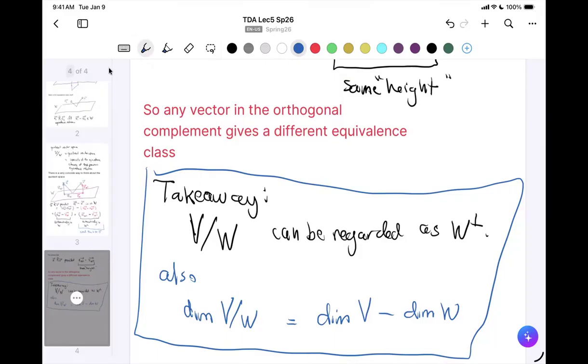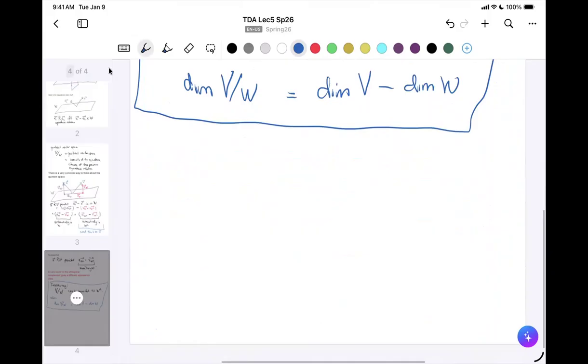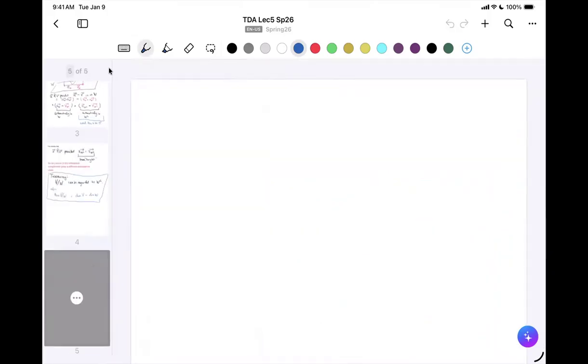So let me lay the groundwork for how this is going to be used next time. When you have two vector spaces, the interesting functions between two vector spaces are matrices or linear transformations, depending on how concrete you want to be.